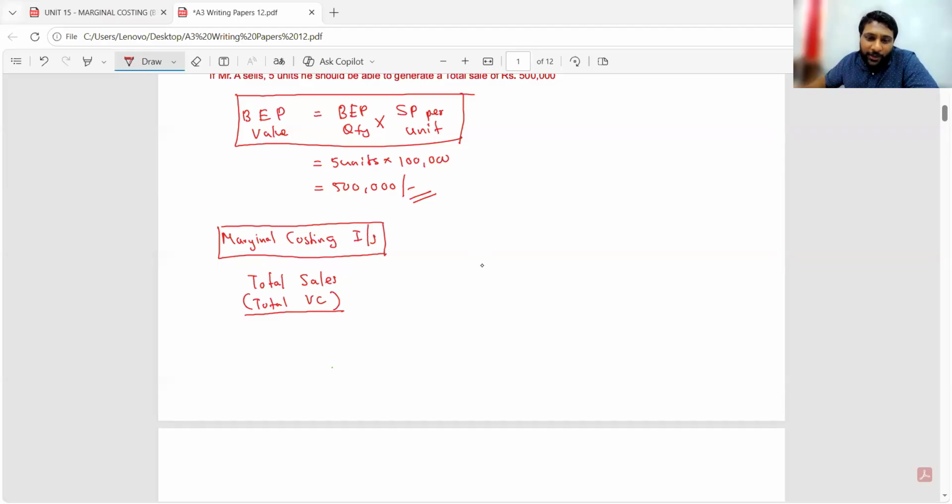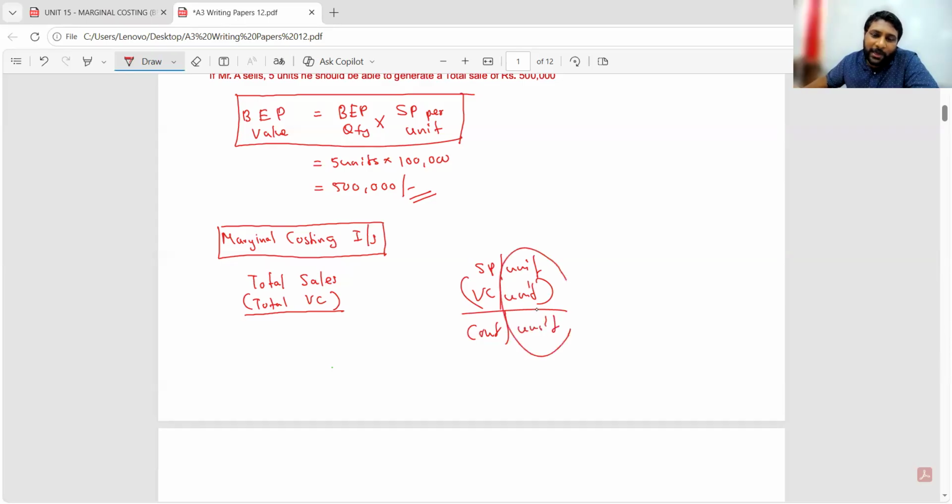So this is everything per unit, and here I am writing everything for the total.